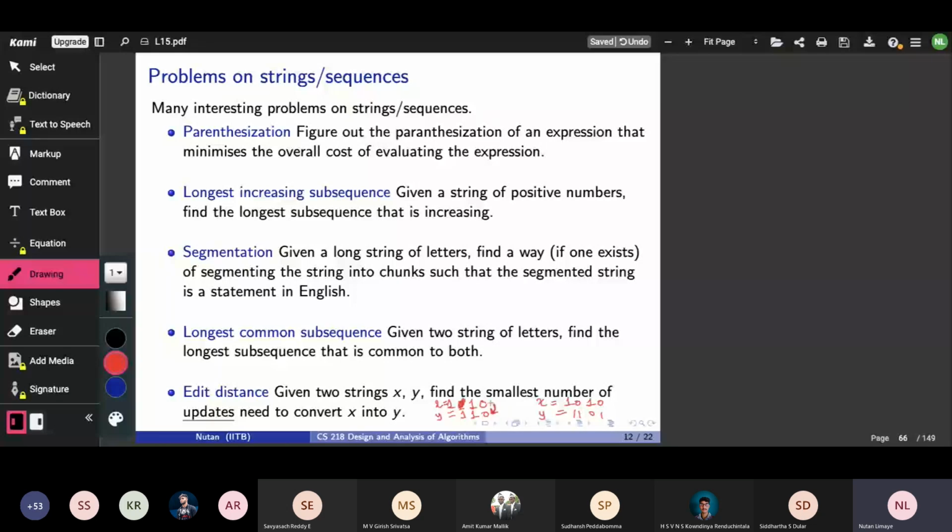Because if I allow in my set of updates deletion of letters, then just by doing one deletion, I can go from X to Y. If I allow flip of the bits, then here the edit distance between X and Y is 3, because I have to change 3 bits in X to the opposite ones. On a larger alphabet, you may have a different version of this edit distance problem.